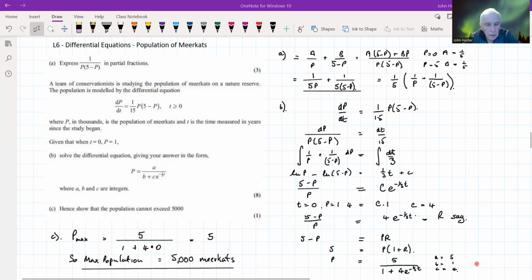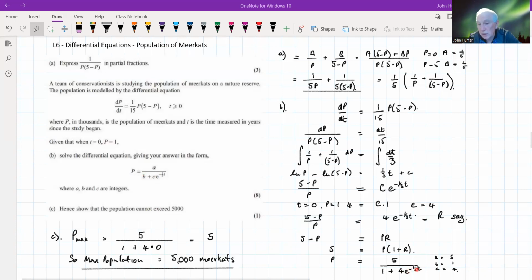So the solution is this equation, but we made it specific with A, B, and C. If we inspect this equation, we see what happens when t increases. As t gets larger and larger, because this is a negative power, minus 1/3 t, this value is going to get smaller and smaller and tend to 0.